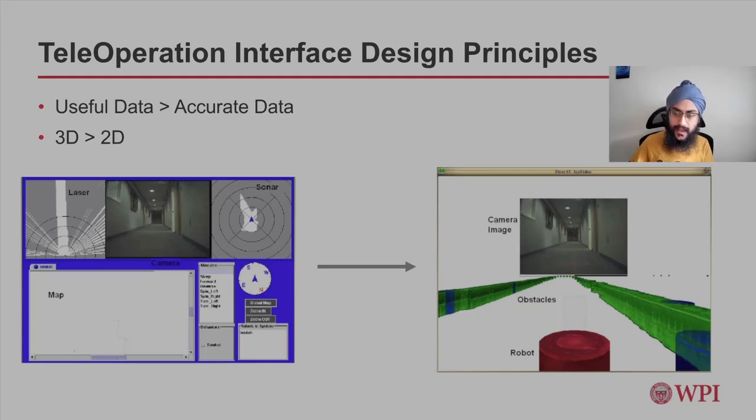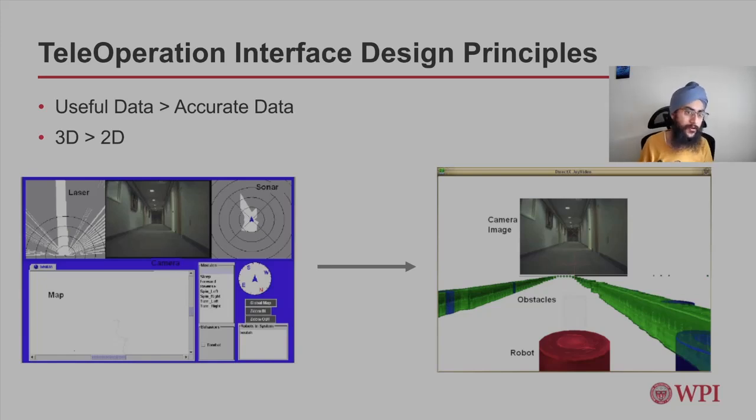We can see how close the robot is to obstacles because we have a nice perspective from above and behind the robot, and we can make sure that we avoid the obstacles, and we can also see the video feed projected in front of the robot, and we can correlate those two pieces of information together, and it's a really nice interface.